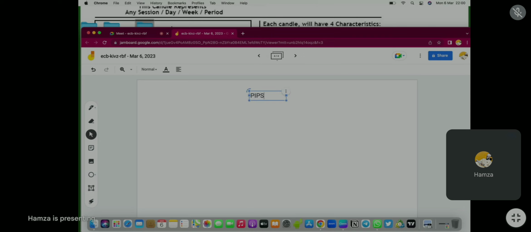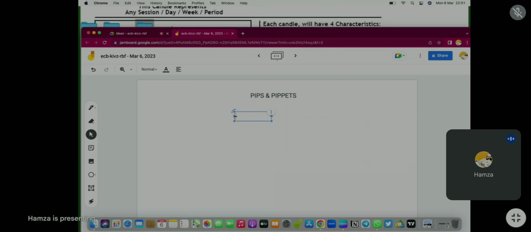Pips and pipettes. There is the overly complicated way of calculating pips and pipettes, but I'll go with the simplistic way.